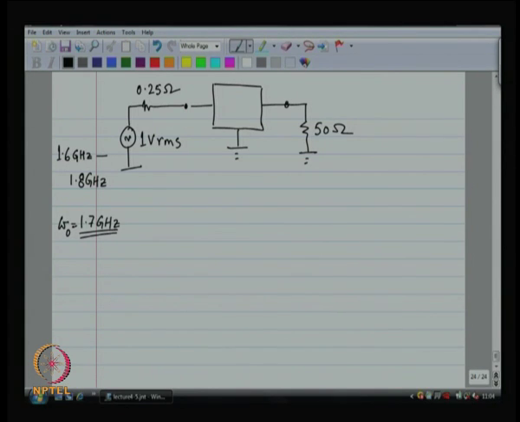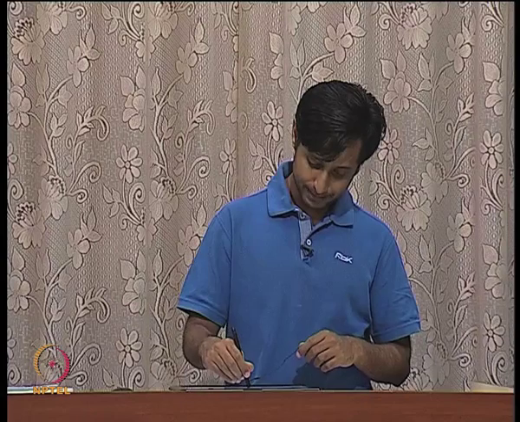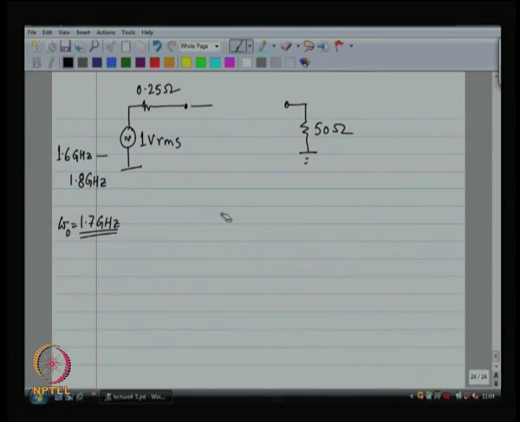So, suppose this is the case, then I plan to make a matching network. I have got a large load resistance, a small source resistance. I need to transform the large resistance into a small resistance. So, I need to put something in parallel with it. It could be L, it could be C, it does not really matter.